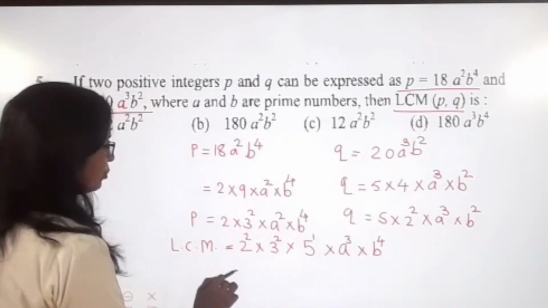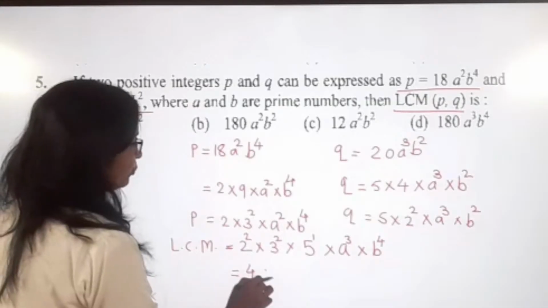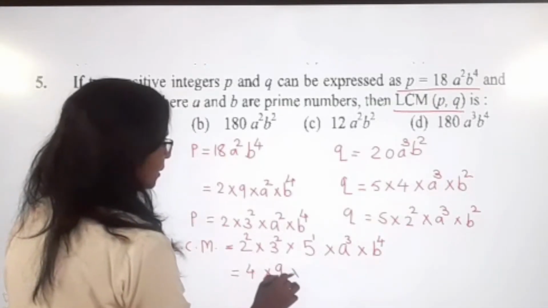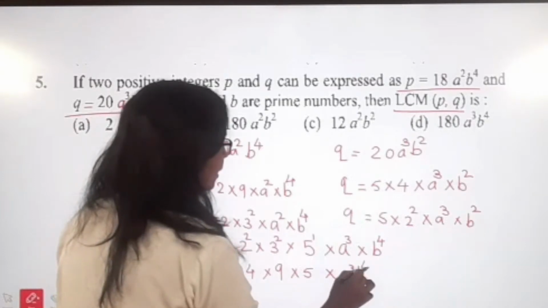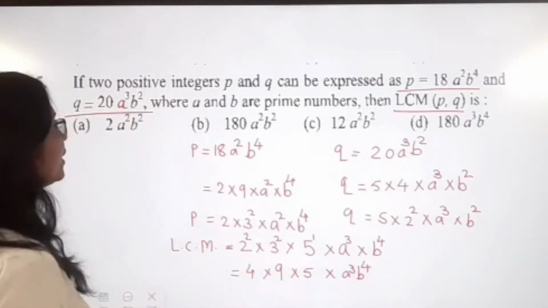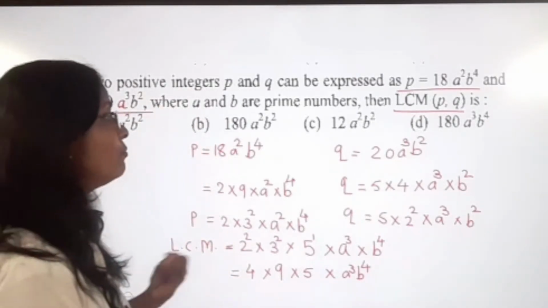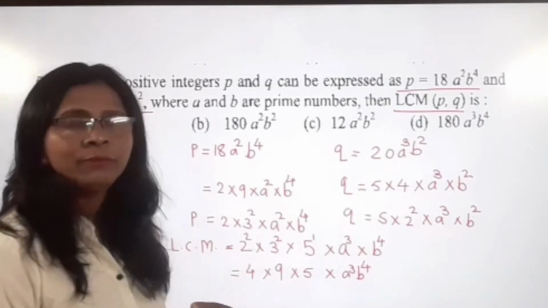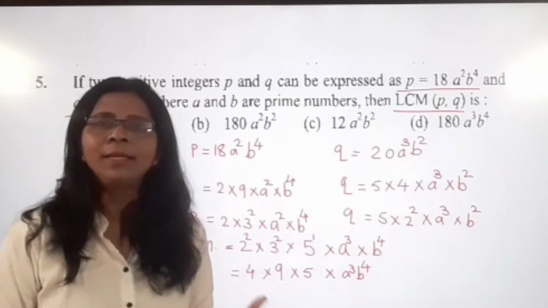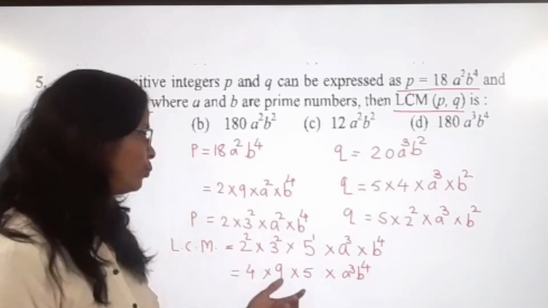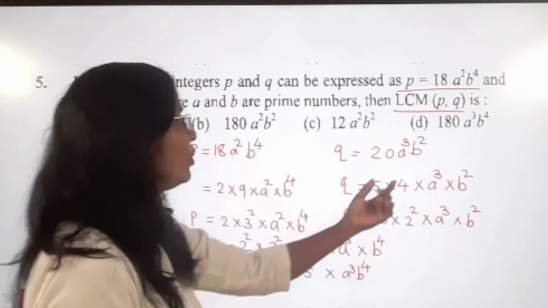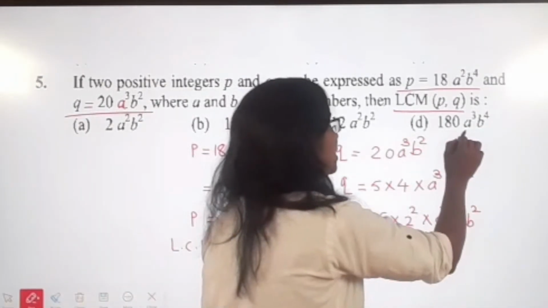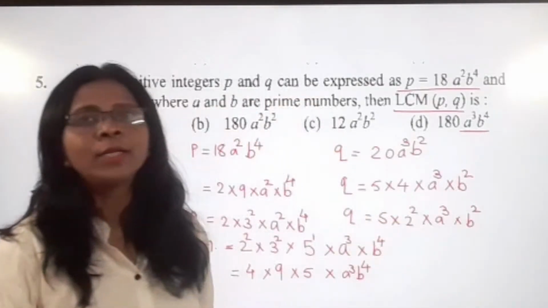So now here, students, square of 2 is 4, square of 3 is 9, and multiply 5, multiply a cube b raised to 4. Now students, if you want to find the option instantly, observe this a cube b raised to 4. So this option should be the correct option.